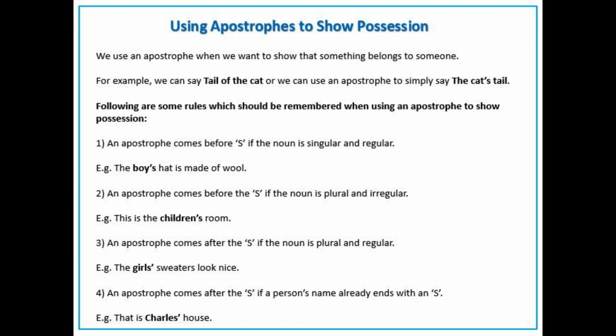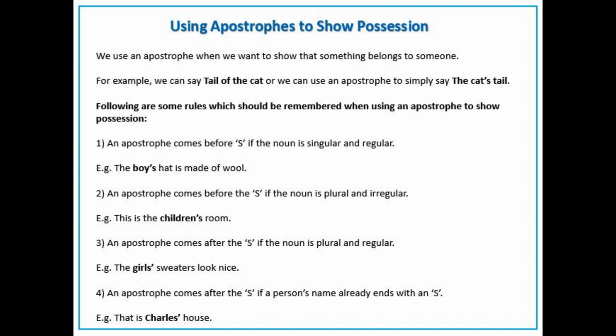In rule number 3, an apostrophe comes after the S if the noun is plural and regular. So girl and girls, plural. So girl is a regular noun and girls is a regular plural noun.